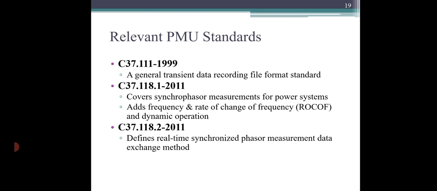Next is C37.118.1 of 2011, which governs synchronous phasor measurement for power systems and adds frequency, rate of change of frequency and dynamic operation. Next is C37.118.2 of 2011, which defines the real-time synchronized phasor measurement data exchange method.